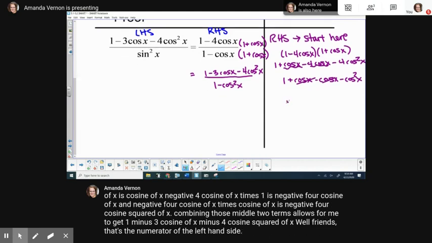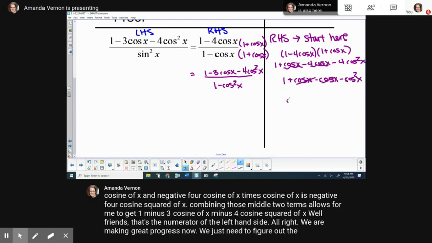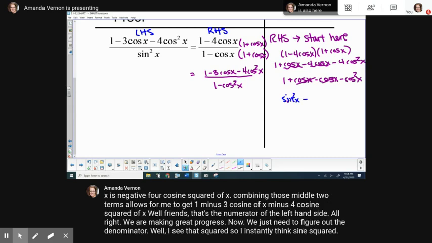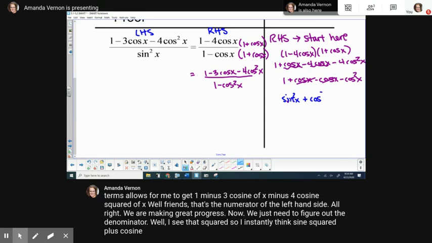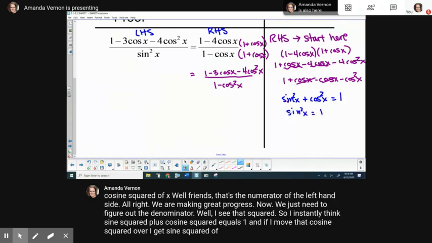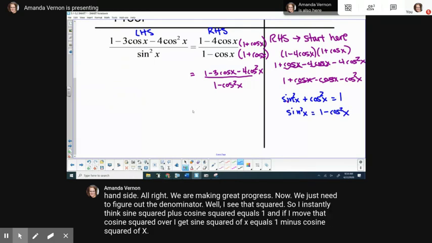All right, we are making great progress. Now we just need to figure out the denominator. Well, I see that squared, so I instantly think sine squared plus cosine squared equals 1. And if I move that cosine squared over, I get sine squared of x equals 1 minus cosine squared of x. So the denominator can be replaced with sine squared.